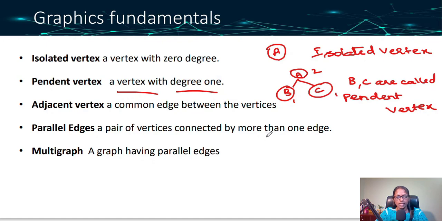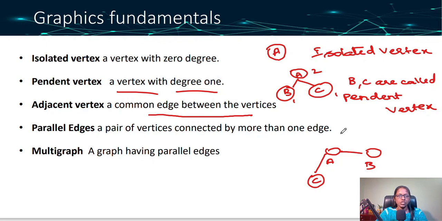The next one is an adjacent vertex. An adjacent vertex is one with a common edge between the vertices. So A to B is an adjacent vertex, and A's adjacent vertices are B and C. Adjacent vertices are nothing but neighboring vertices.